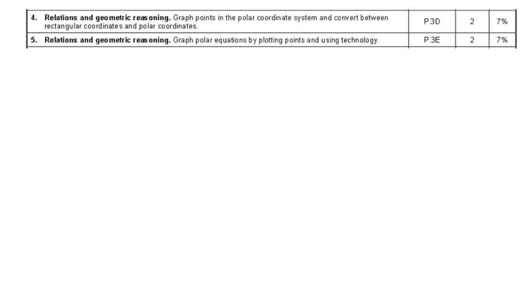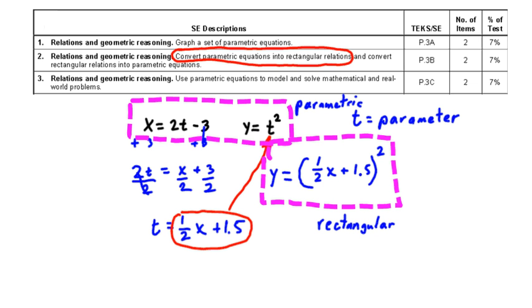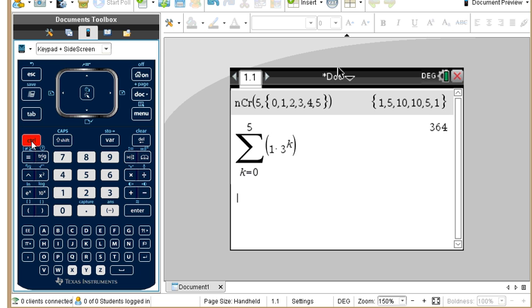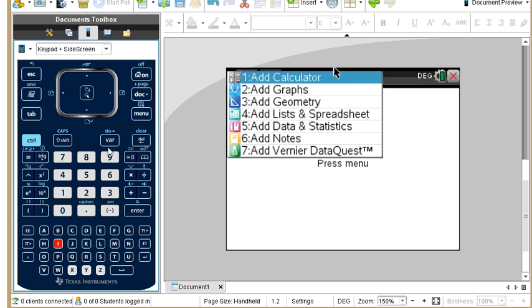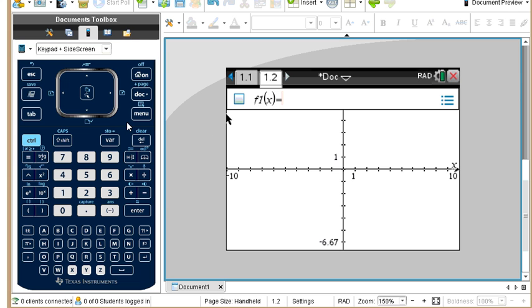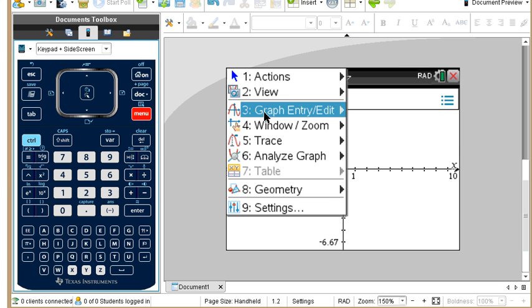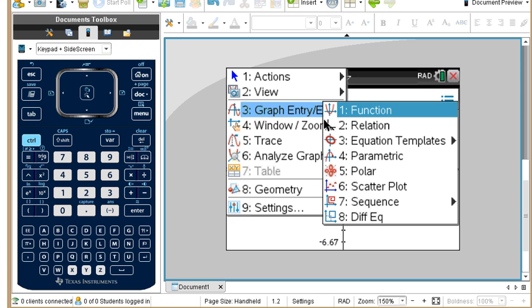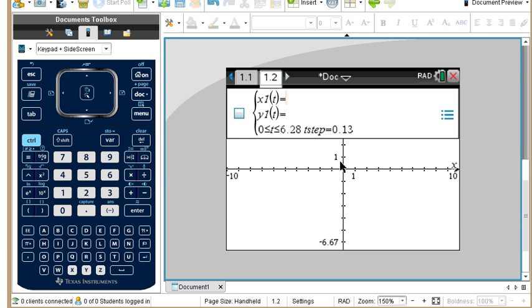Okay, next, here we have polar coordinates, and I did forget something. I wanted to do something else with this. We can graph this in a calculator. If we go here and I go to Control I, add graph, and we can go to menu 3, and we can go to 4, parametric.